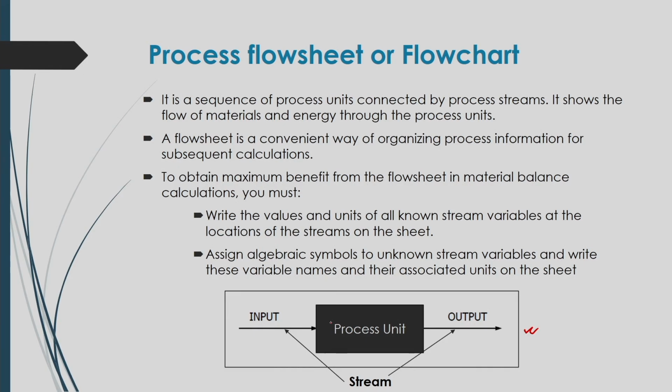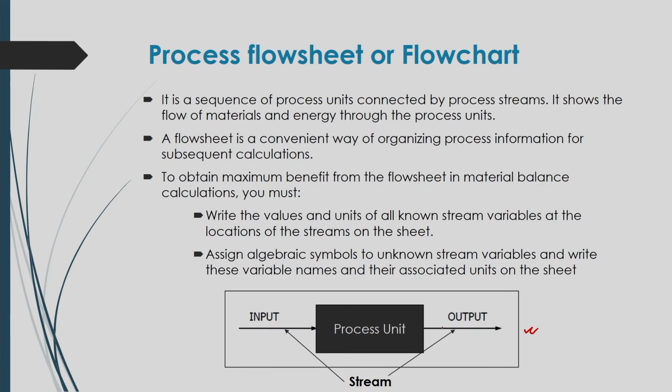The block diagram is connected to flow streams of input and output, and for the process unit, the amounts of input and output will be written on the input and output streams.